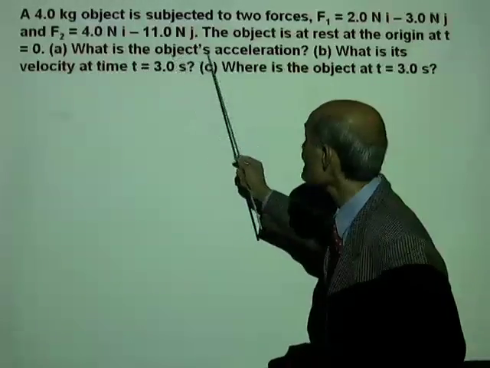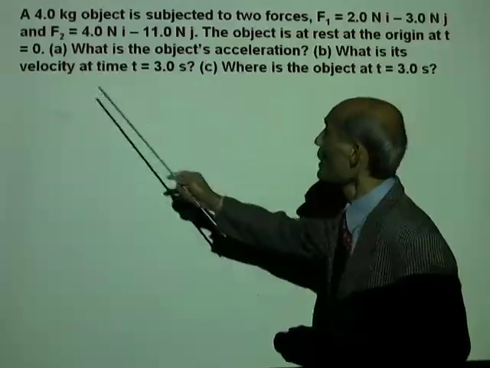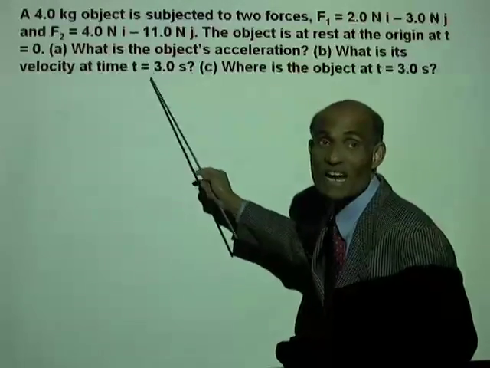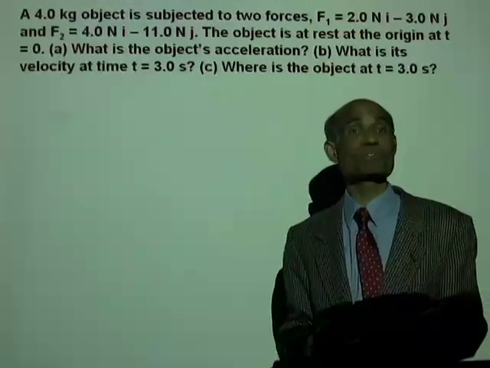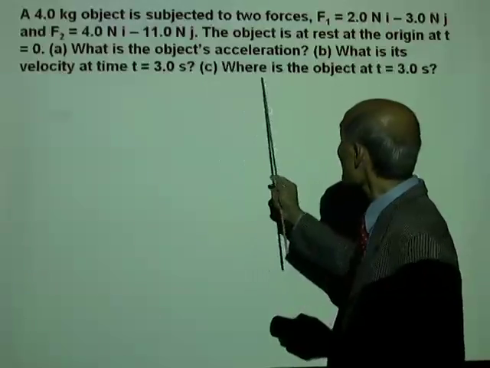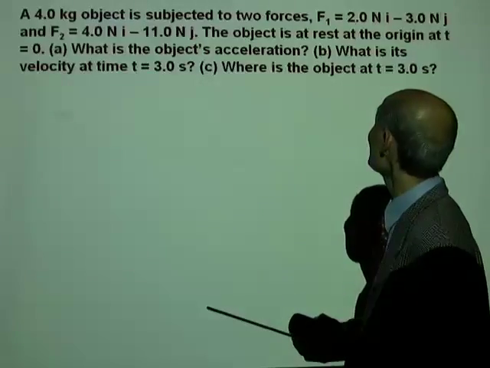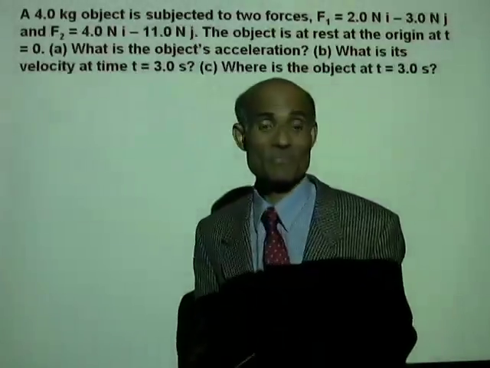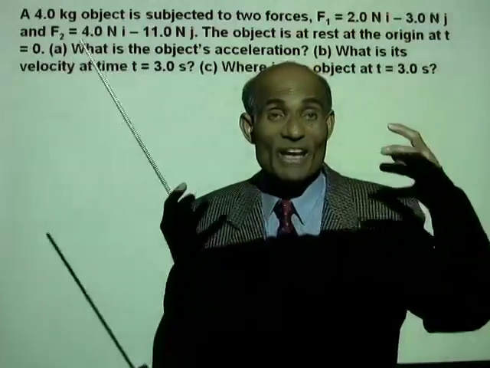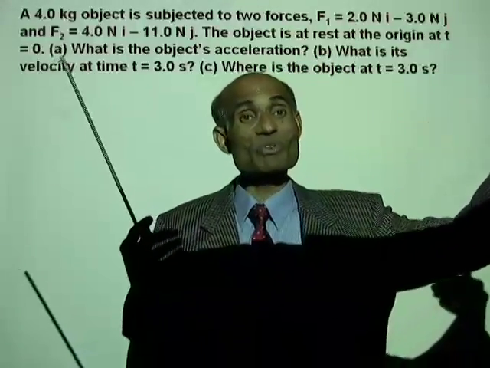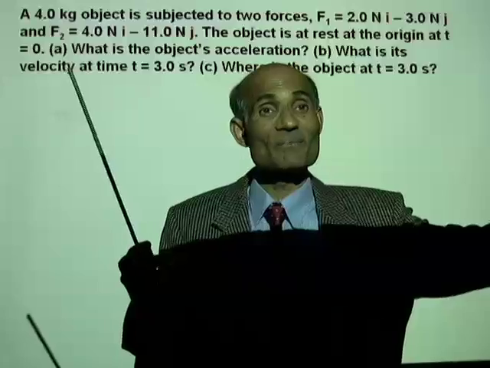What is the object's acceleration? What is its velocity at time t equal to 3 seconds? Where is the object at t equal to 3 seconds? You notice that these are extensions from the problems we did in Unit 1.